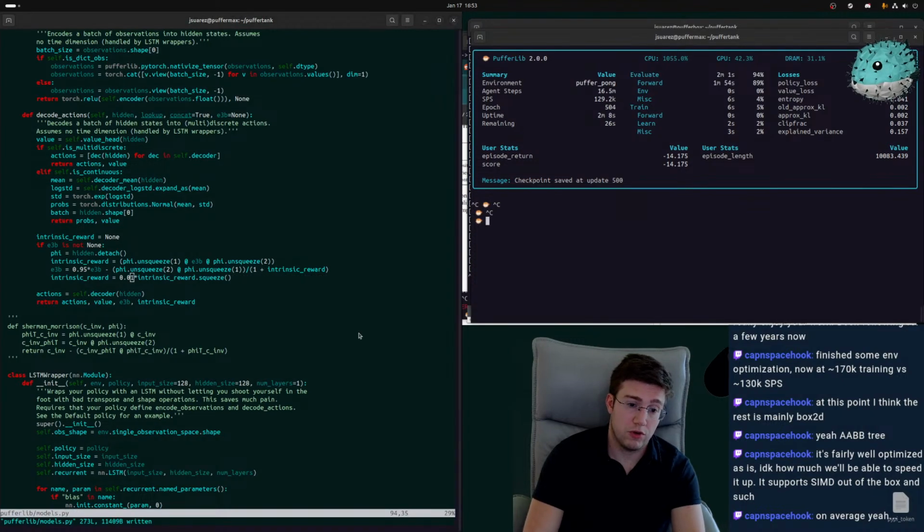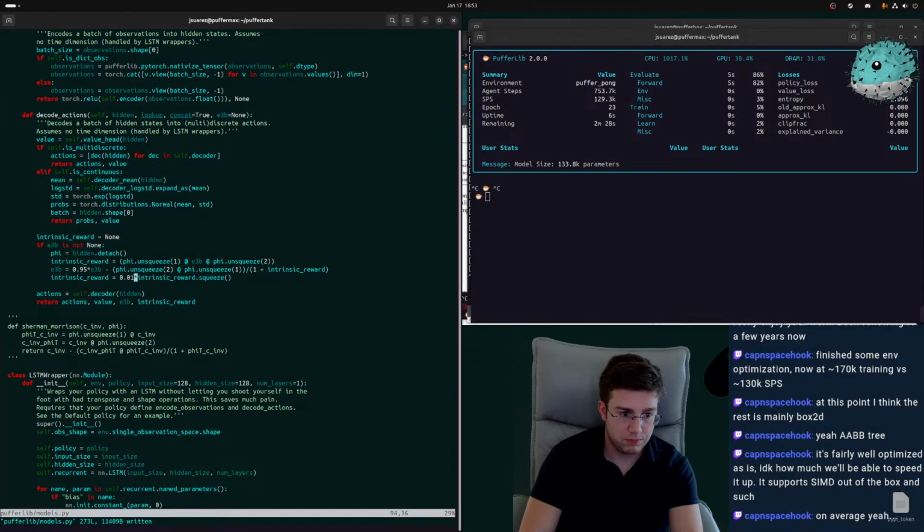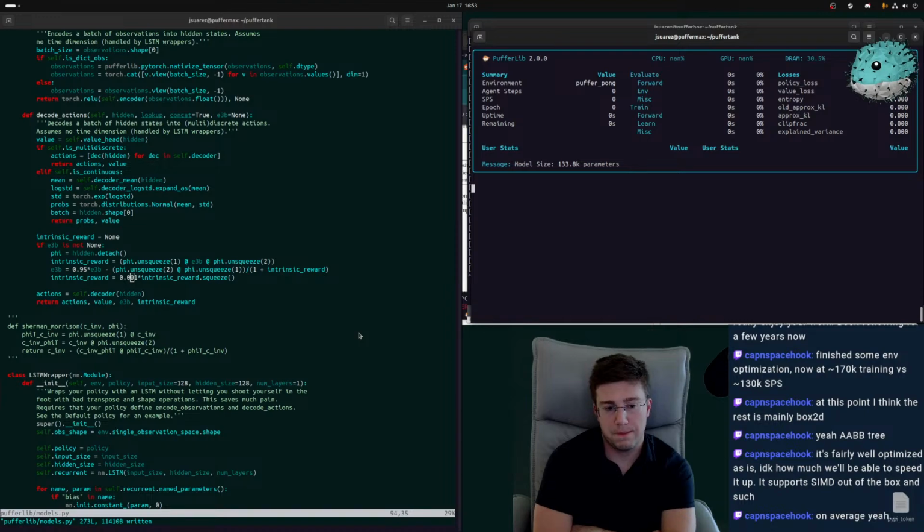What if I do 0.01? Maybe it's scaled. No, the value loss immediately freaking explodes. Still?